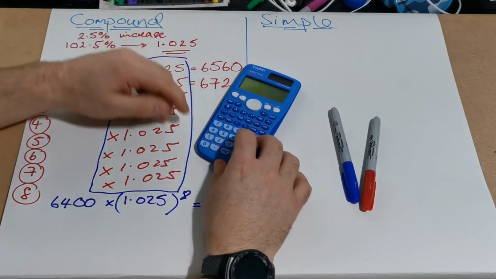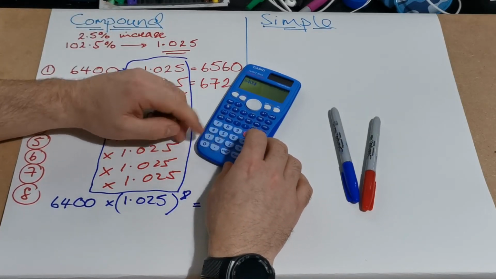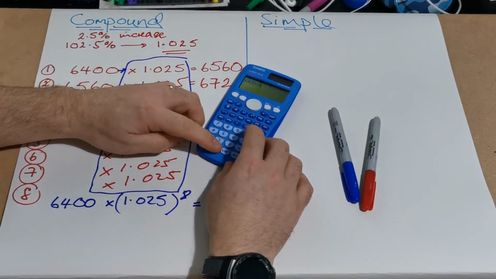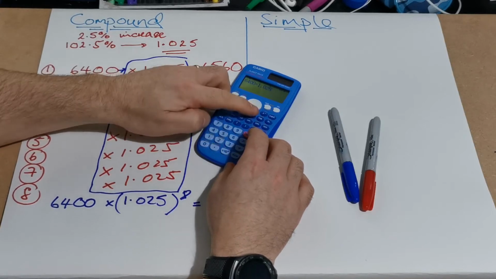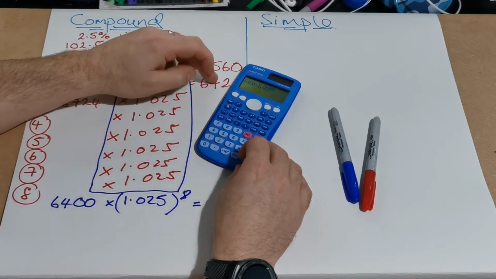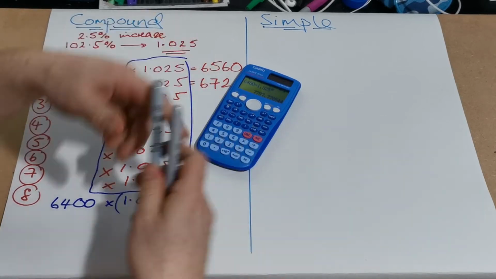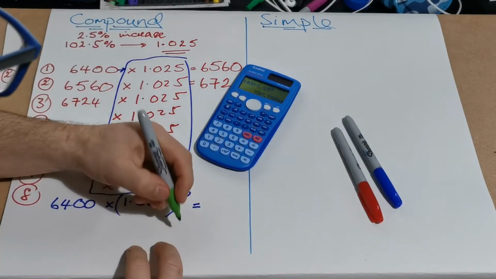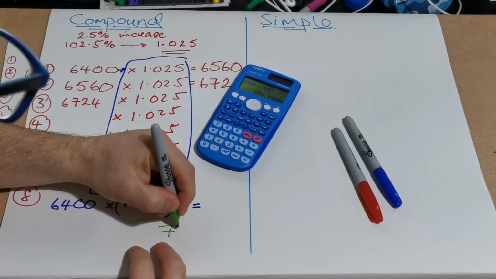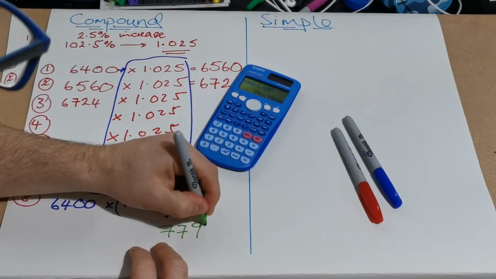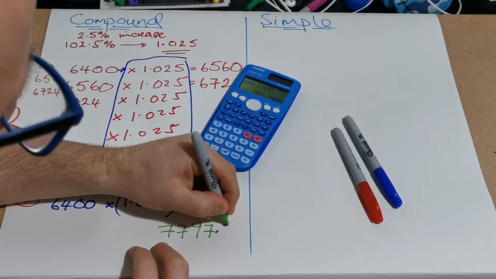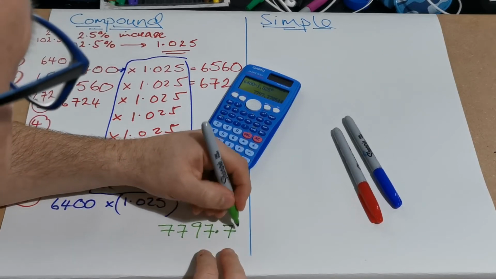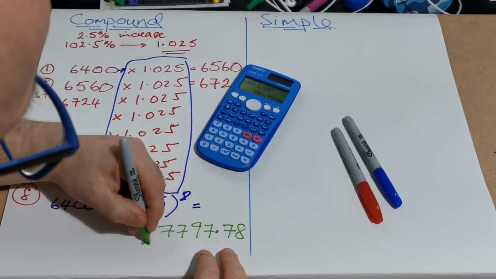So I've got 6,400 times 1.025 to the power of 8 gives me a figure of £7,797, and if I round it off I've got 78 pence.